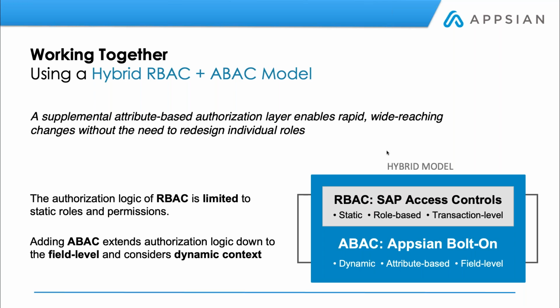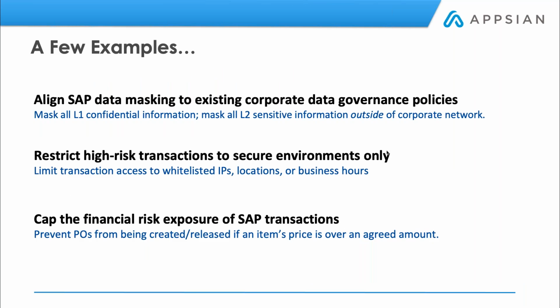So you're going to be able to have both of them working together in a very tight, nice solution that works within your SAP system. So a few examples before we jump into a quick demo here is aligning the SAP data masking to existing corporate data governance policies.